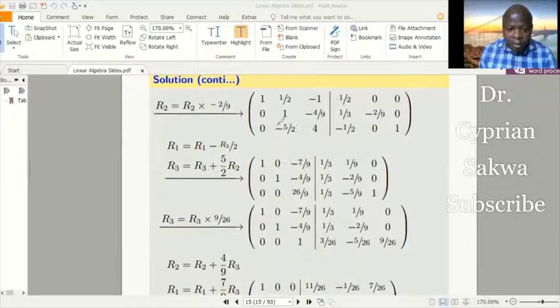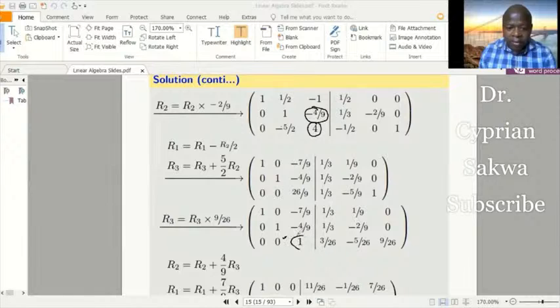We want a 0 here, so we take 5/2 of row 2 plus row 3. 5/2 of 1 plus the entry below gives me 0. Then 5/2 of the entry plus the entry gives me 1.